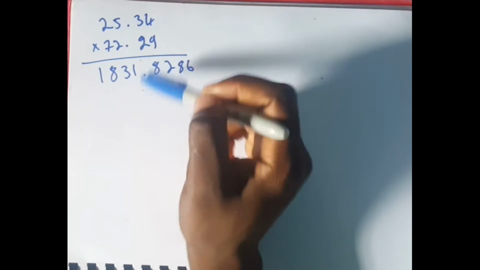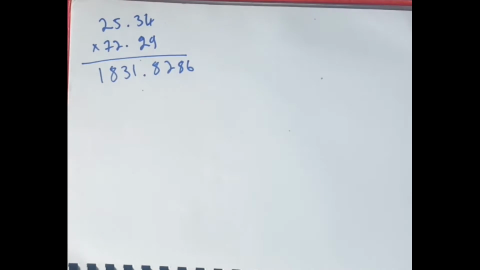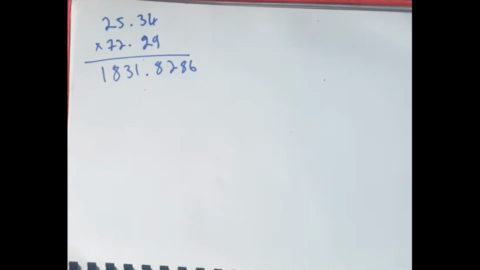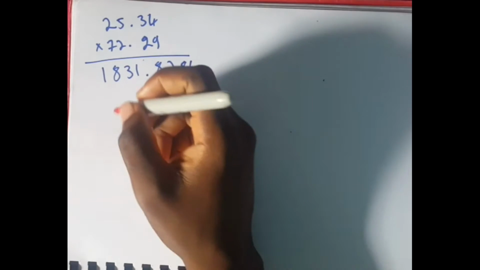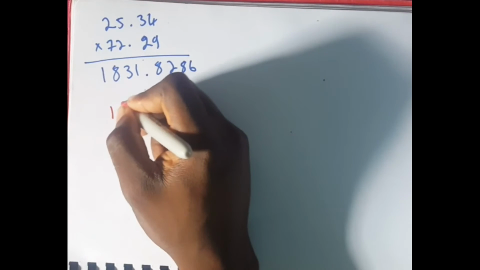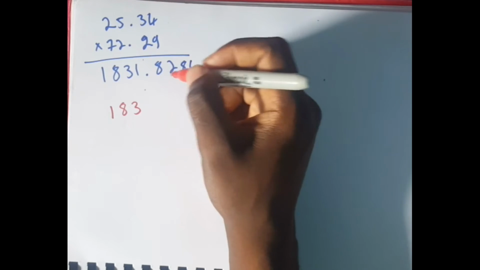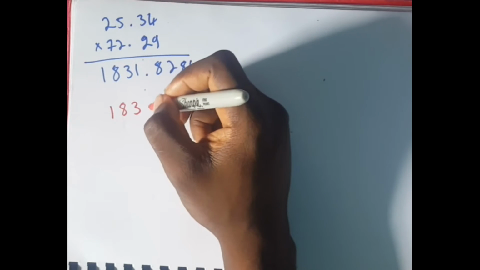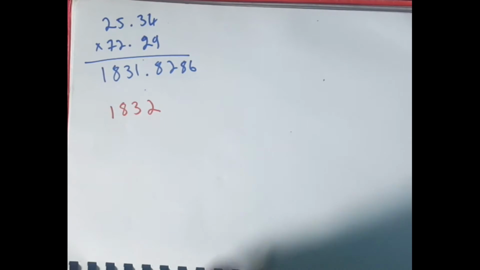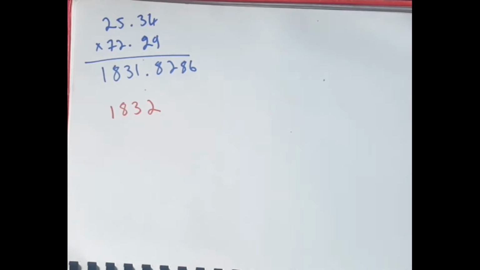So here in both numbers we have 4 significant figures. So in my final answer I should have 4 significant figures. So if I go ahead and write my correct answer, I would have 183, and because this 8 is greater than 5, I will round this to 2, and that would be my final answer with 4 significant figures.